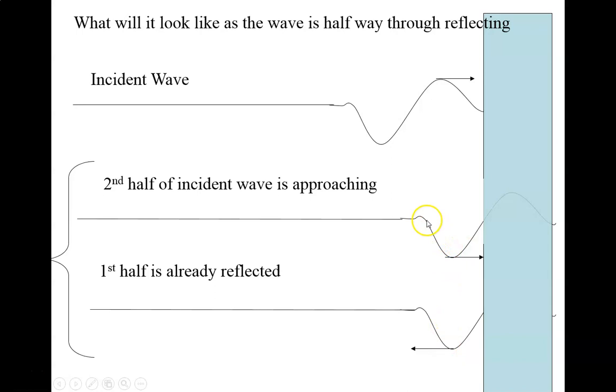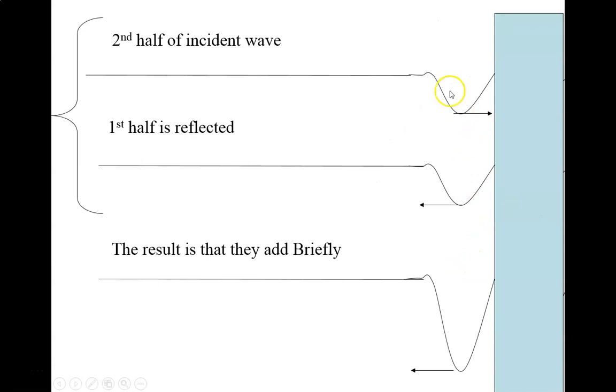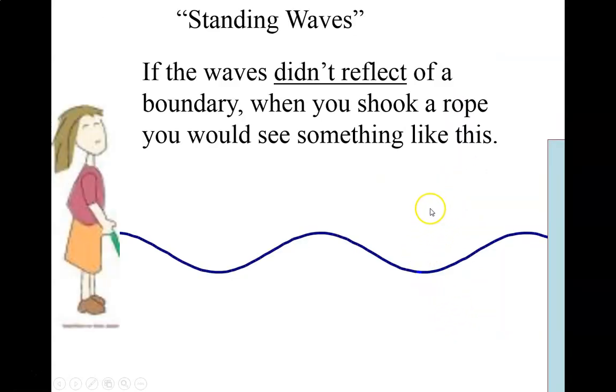Here's the part of the wave pulse that hasn't met the wall yet, and it's a down. Meanwhile, the part that hasn't met the wall and the part that has already met the wall and flipped are both down, so I'm going to get constructive interference. So for a brief moment, the wave is going to get real tall on a down hump. So I'm going to see a big down hump.